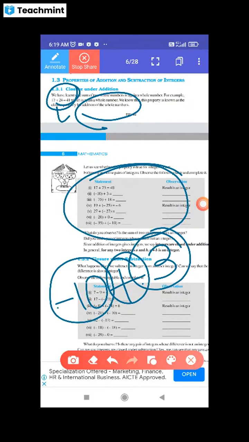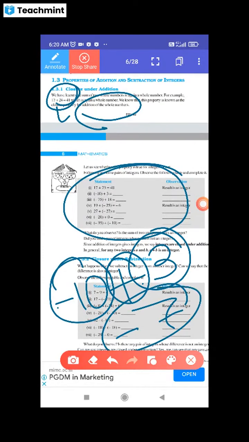Which sign do I have to put? Ma'am, minus, because the greater number is 10. In front of that, the minus sign is there. You can put minus 7, isn't it? So minus 7 also belongs to the integers, isn't it? Yes, ma'am.